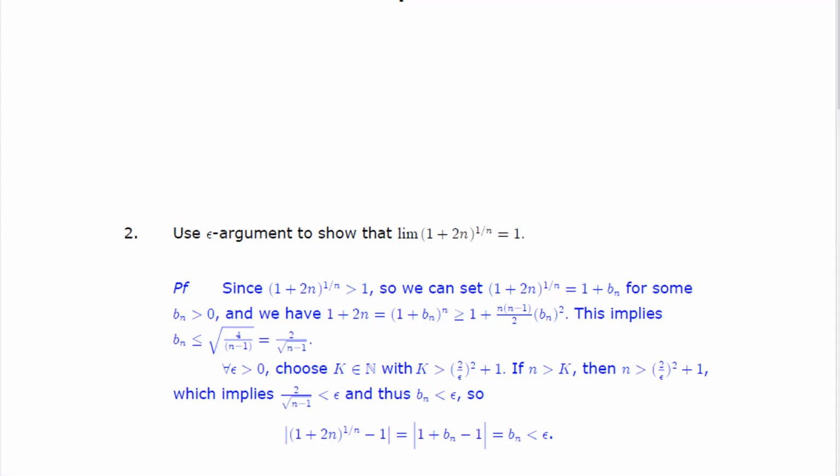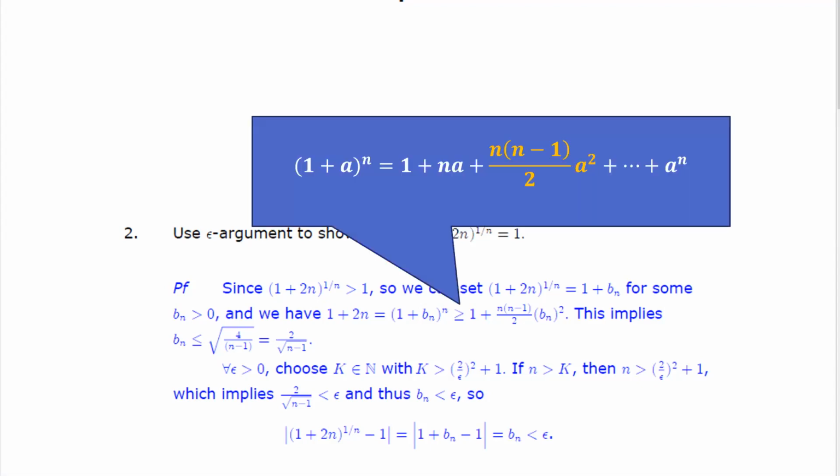Now, previously, if you remember in the last proof, we began to use the binomial expansion, right? Previously, you were using the third term, the term with n and n minus 1.